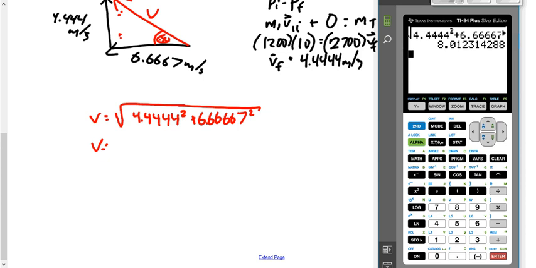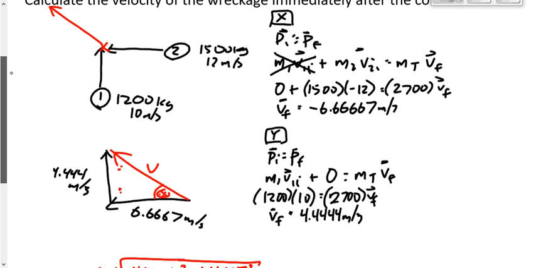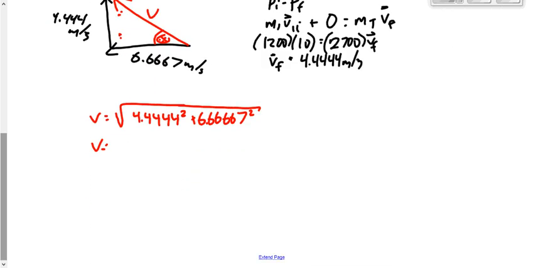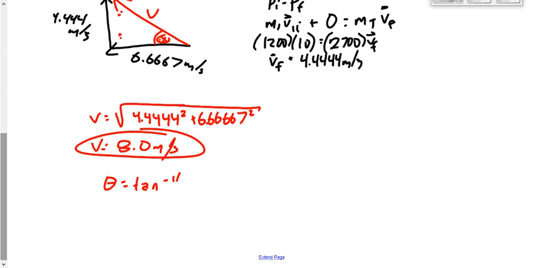I think it was 2 digits though, actually. Yeah, let's round it to 2 digits. And theta would be the inverse tan function of opposite over adjacent.